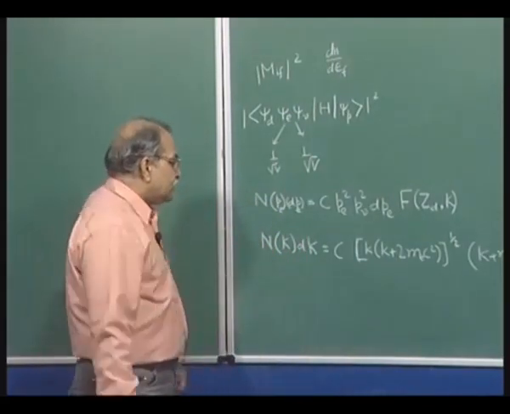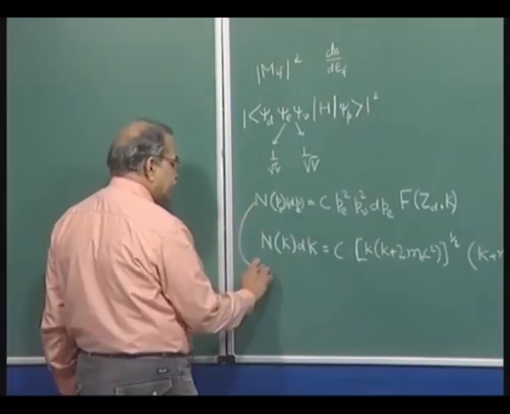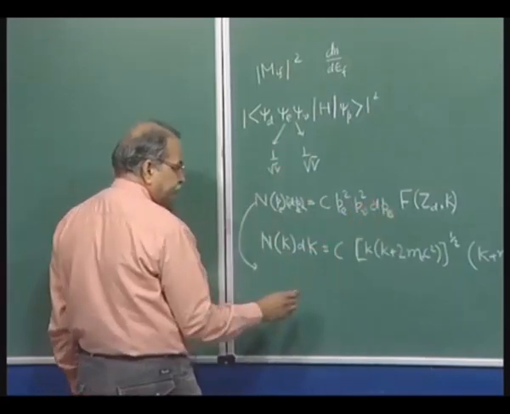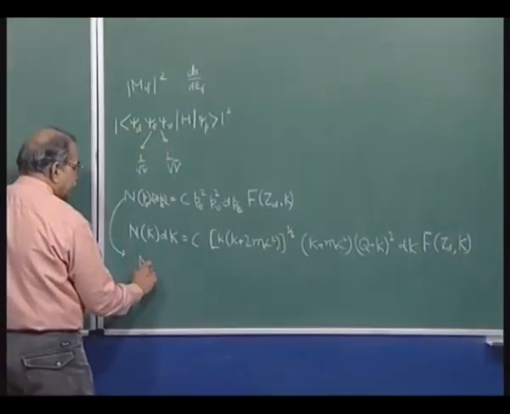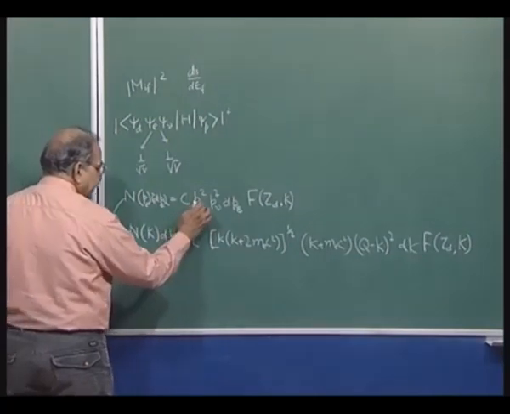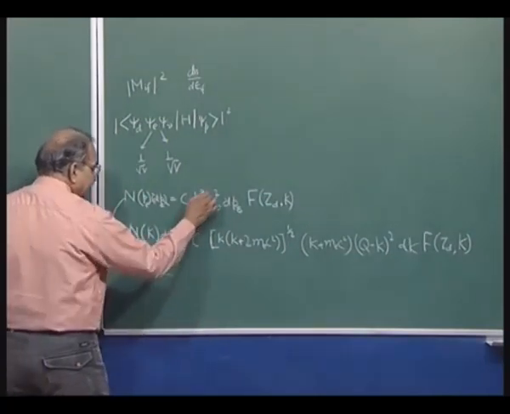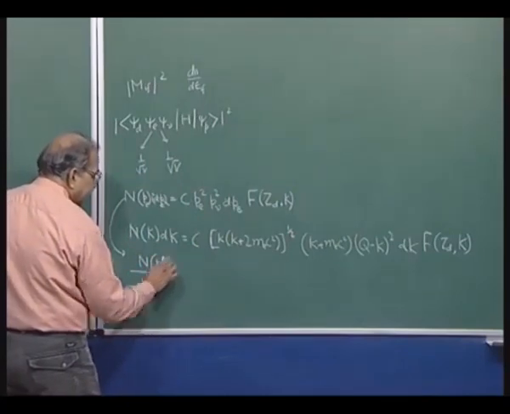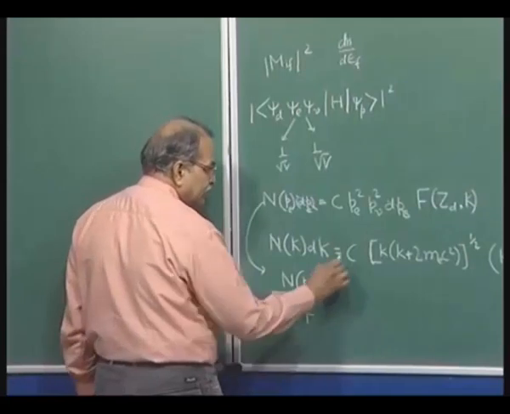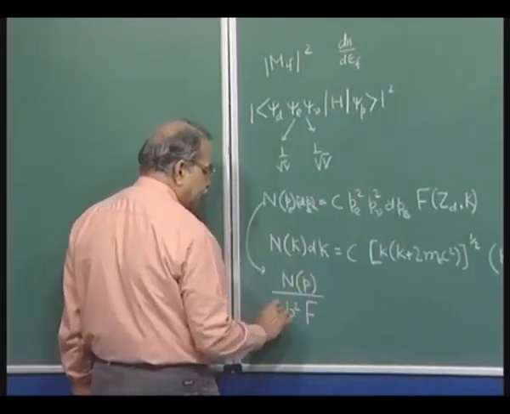So, that can be done if I take this expression here, and dp is of course common. If I write N_p here, p is for electron momentum, and then divide by this p squared and by this F also, this quantity will be proportional to p_nu squared.